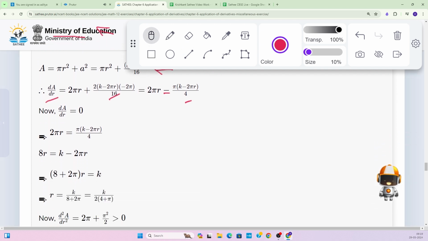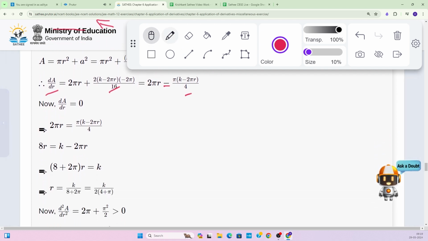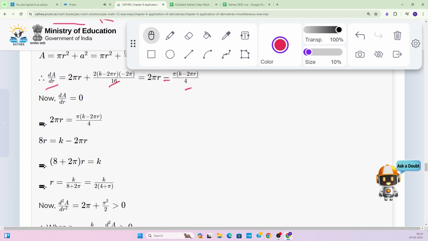Now put it equal to 0. What will you get? The critical point. So the critical point you will get is r = k / (2(4 + π)). Now find the second derivative. The second derivative you will get is this, and this is already a positive quantity.